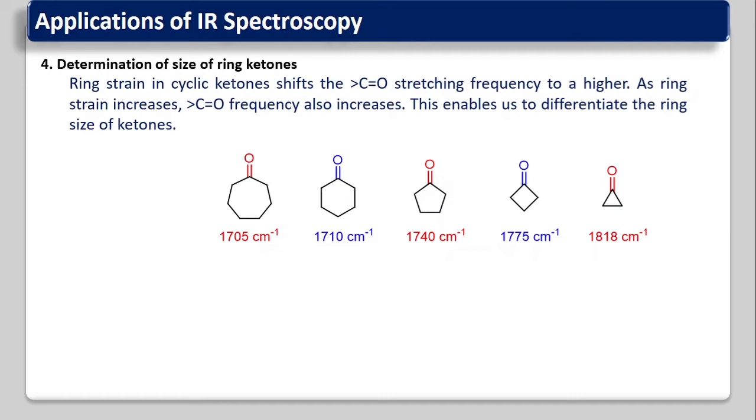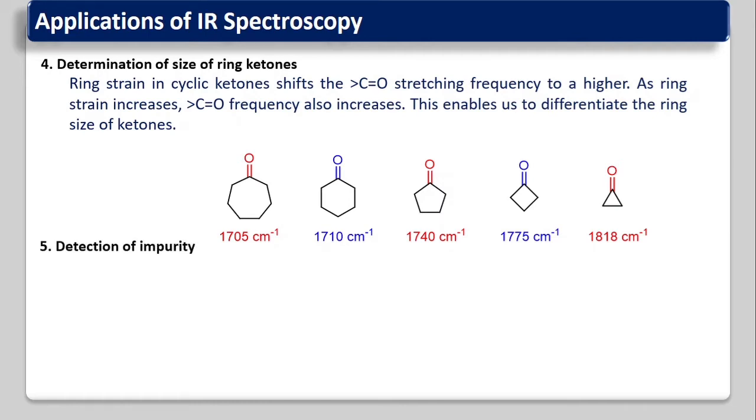Cyclobutanone absorbs at 1775 cm inverse, and cyclopropanone absorbs at a still higher frequency, 1818 cm inverse. So as the ring strain in a cyclic ketone increases, the stretching frequency of the carbonyl group also increases. So we can identify the ring size of ketones according to their IR frequency.